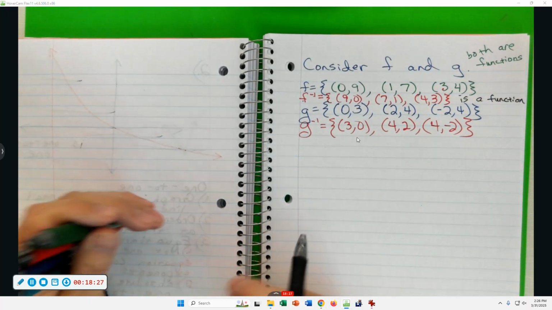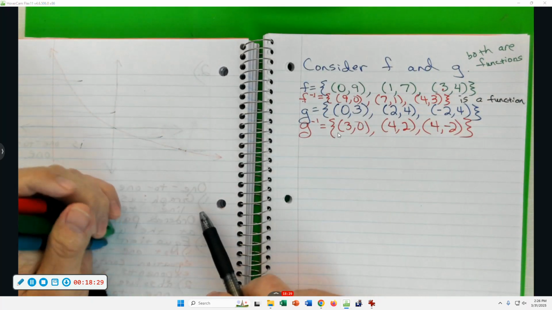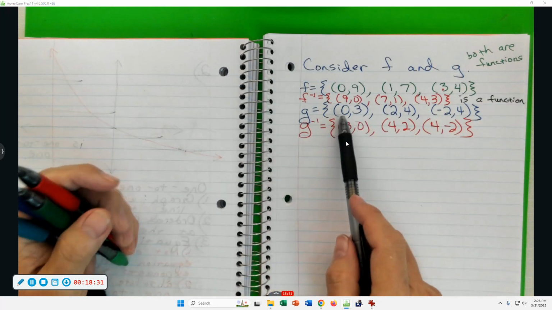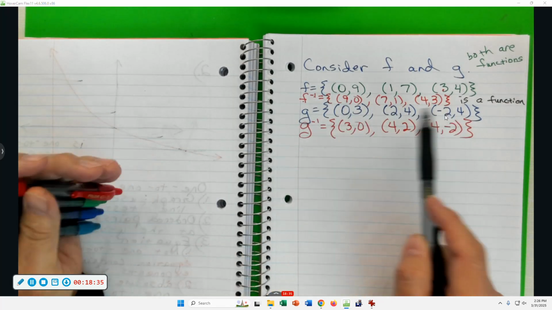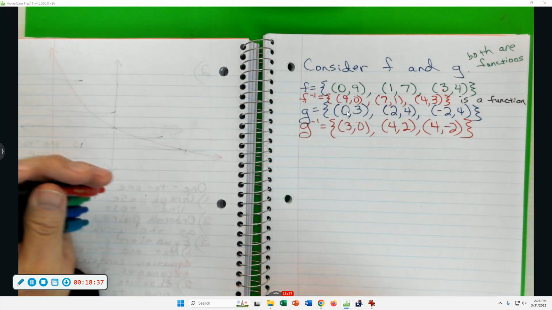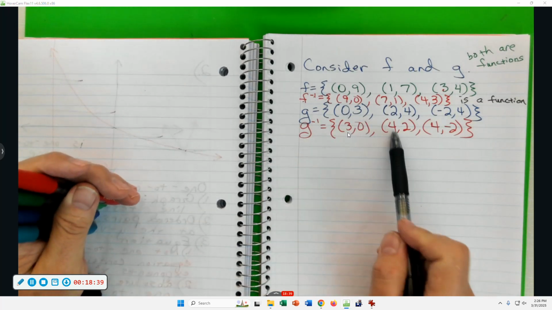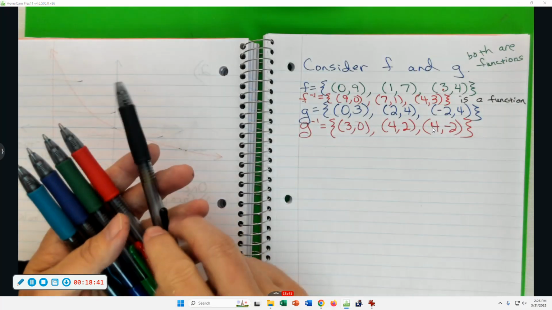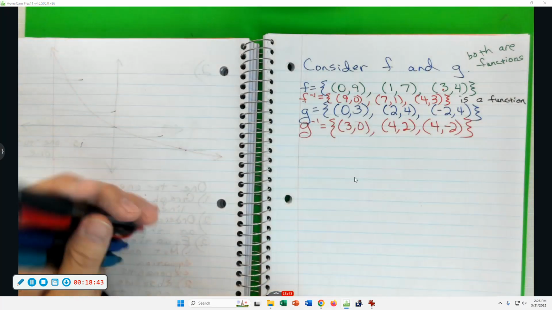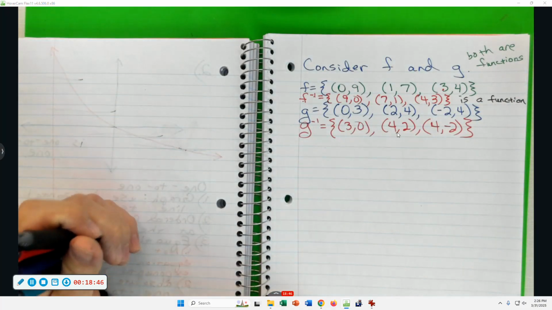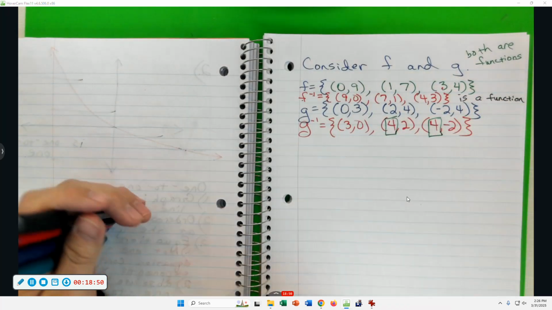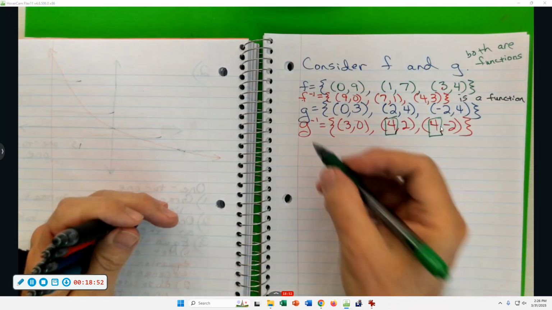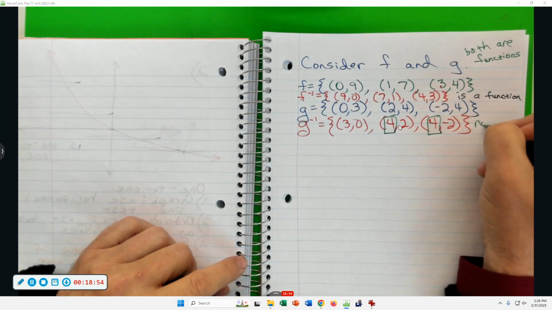But I think we have a big problem with g inverse. g is a function. What about g inverse? It is not a function. Why? What number's the problem? That 4. We now have repeated 4s. So g inverse is not a function.